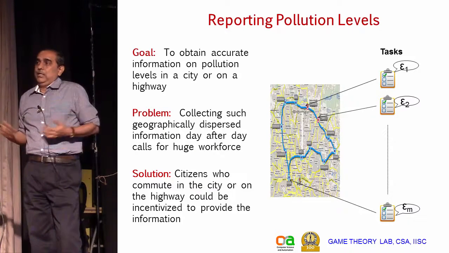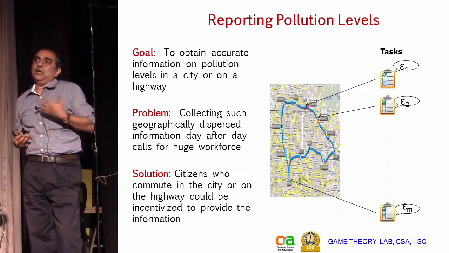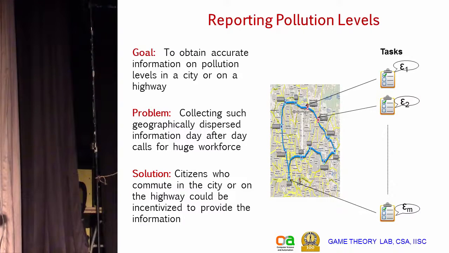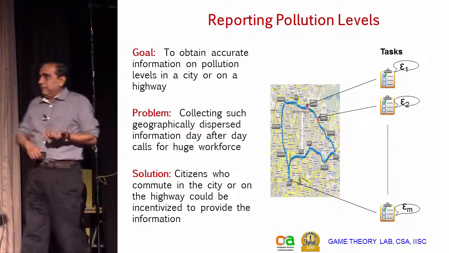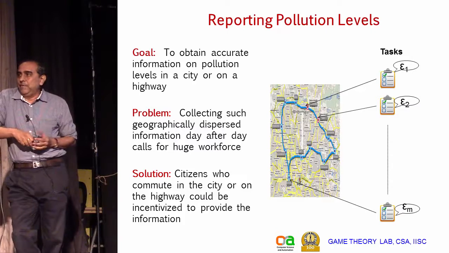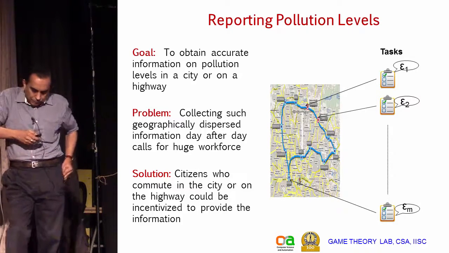And this way you are actually helping the state government or the pollution control agency to constantly monitor the pollution control. But then unless you offer an incentive to the players involved here, you are not even sure whether these things will be done in the best possible way.